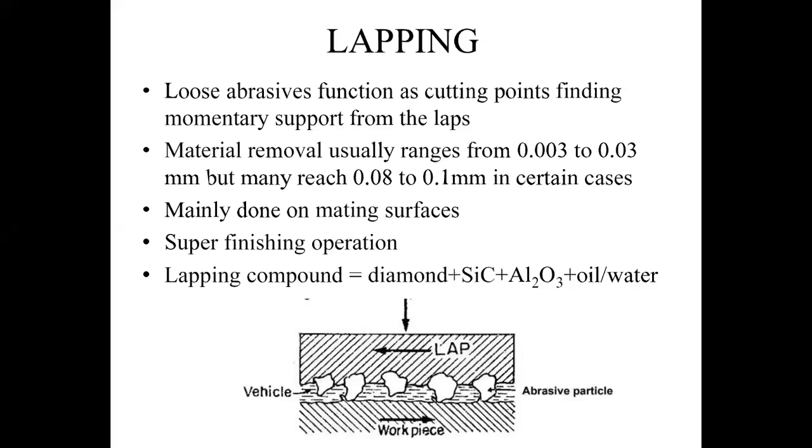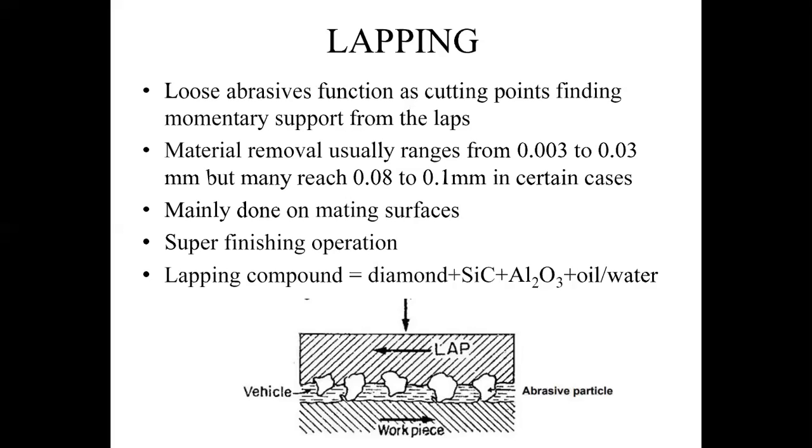So what is lapping? Lapping is also a machining process where we use abrasive particles. Just now in grinding you have seen that grinding wheels are also made of abrasive particles, bonded together by a bonding material in the form of a grinding wheel, and we use that wheel to remove the unwanted material.